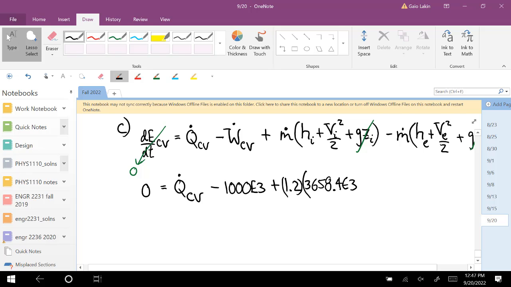Even though the kinetic energy didn't contribute much, we just calculated it, so we might as well throw it in. So plus 10 squared over 2, and then subtract 1.2 times the enthalpy at the exit, which was 2345.4 times 10 to the third, plus v squared over 2 at the exit.